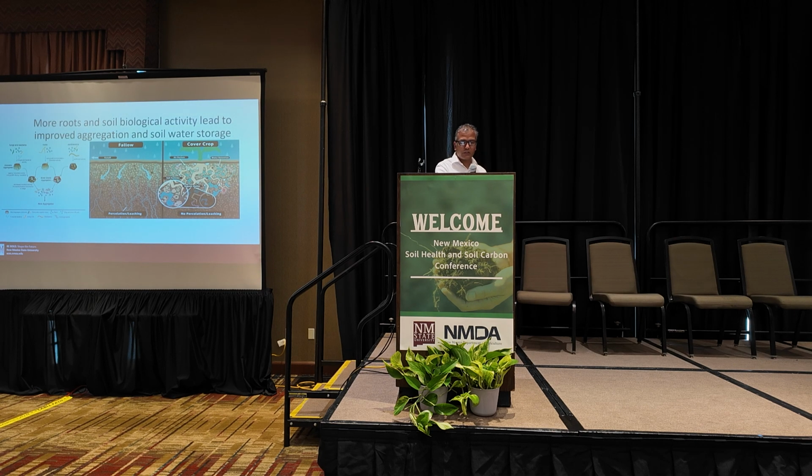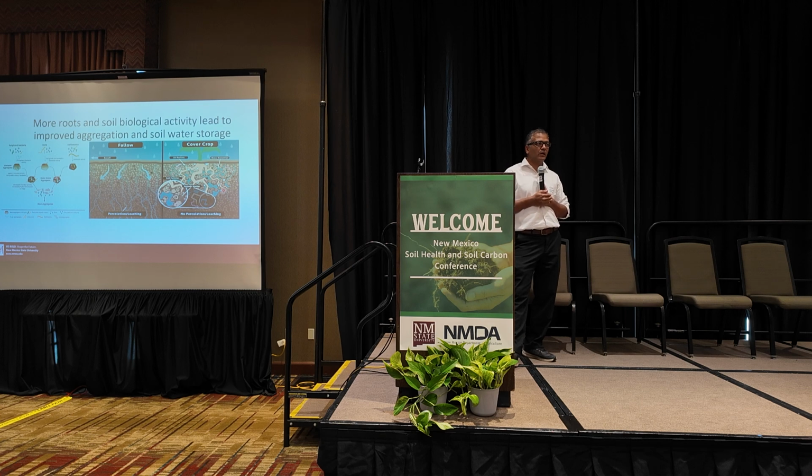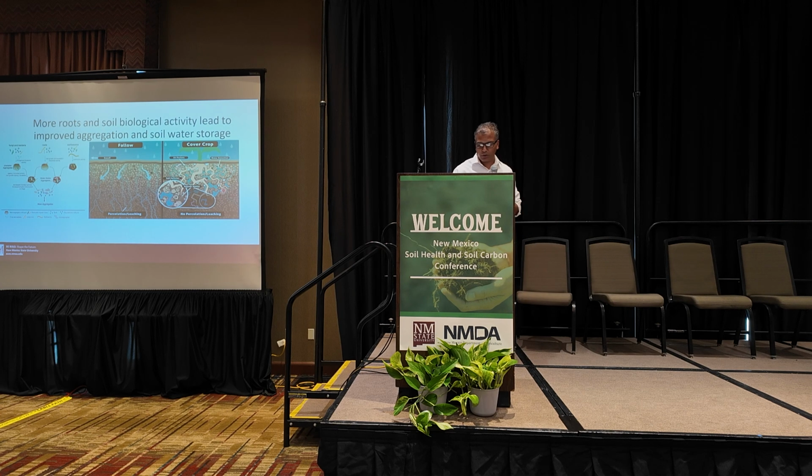Another major thing we see in those cover crop experiments is that when you have a more active root, soil biology was the major difference we see in those systems. Like earlier, John showed some data, but we see the fungal community almost double, or some of the fungal components almost double, with the cover cropping system, and that ultimately led to an increase in soil aggregation and improved water infiltration as compared to the no cover cropping system.